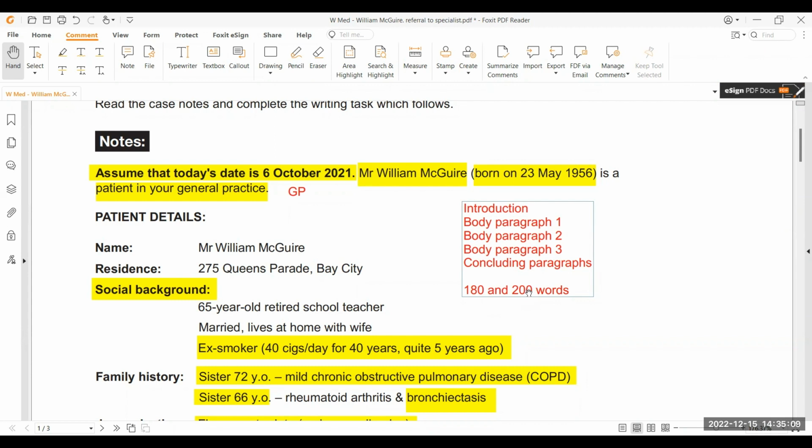For example, if you are maybe discussing too much about the depression, the respiratory physician upon reading the letter might say, well, what does he expect me to do about it? I'm not a psychologist, I'm not an expert on this subject. So that would be totally irrelevant. That tells you that maybe there are some extra information that are not supposed to be there.